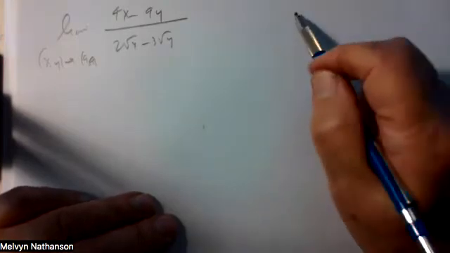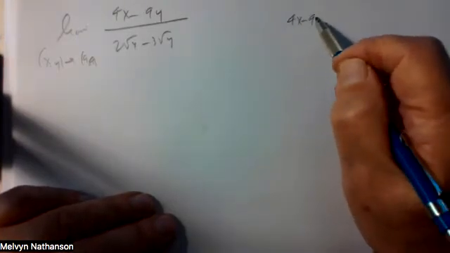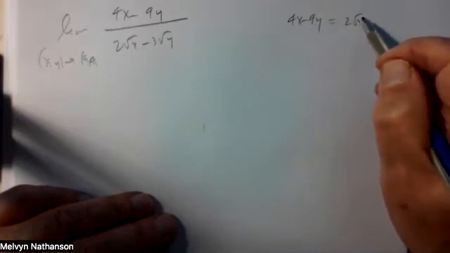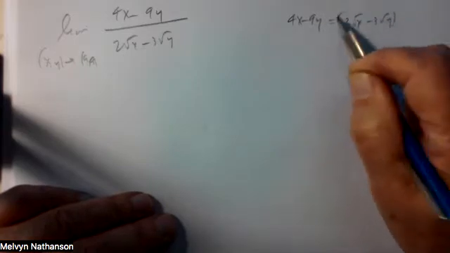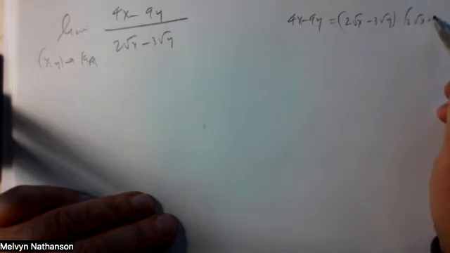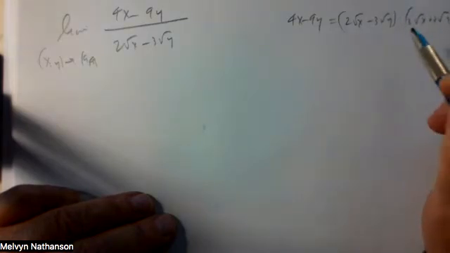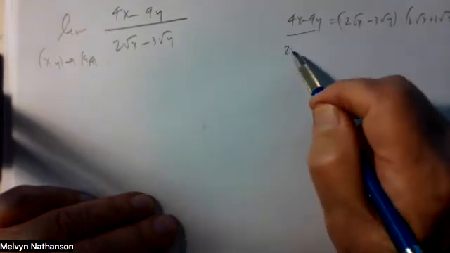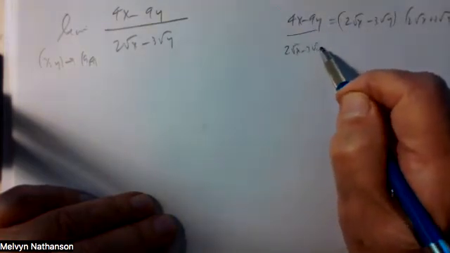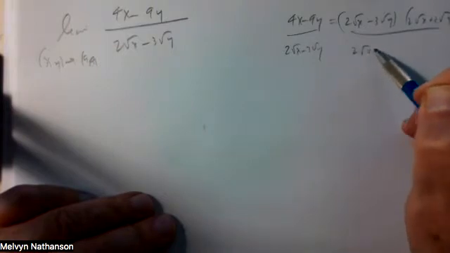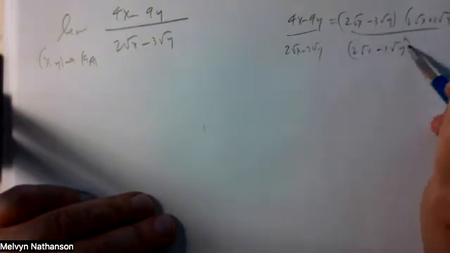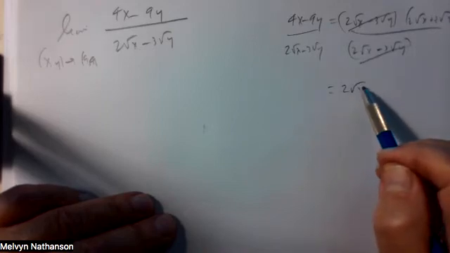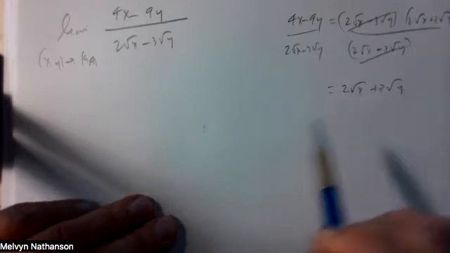But in fact, 4x minus 9y actually does factor. This is 2 root x minus 3 root y times 2 root x plus 3 root y. And so if you take this and you divide by 2 root x minus 3 root y, these terms cancel, and you're left with 2 root x plus 3 root y.